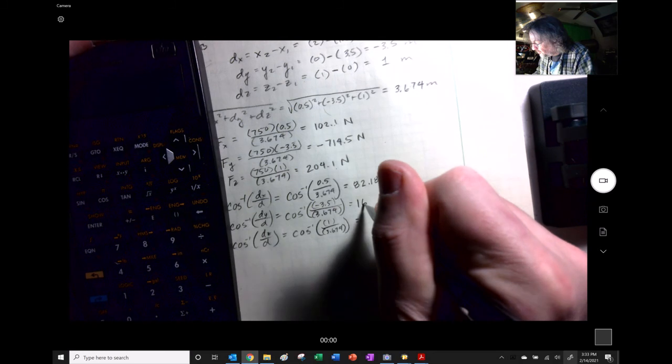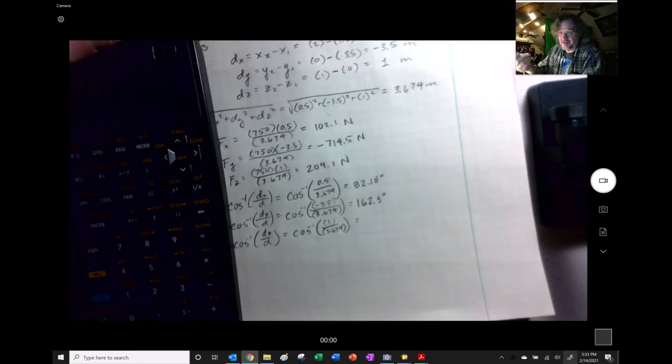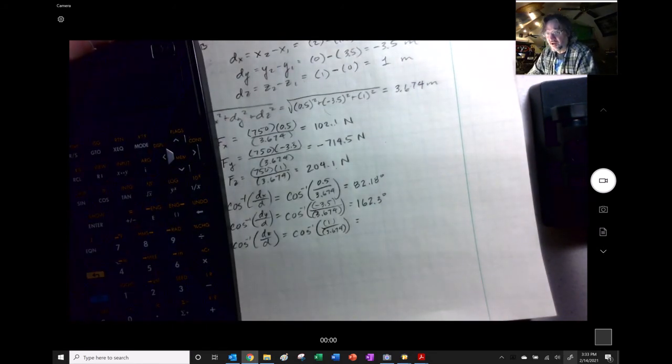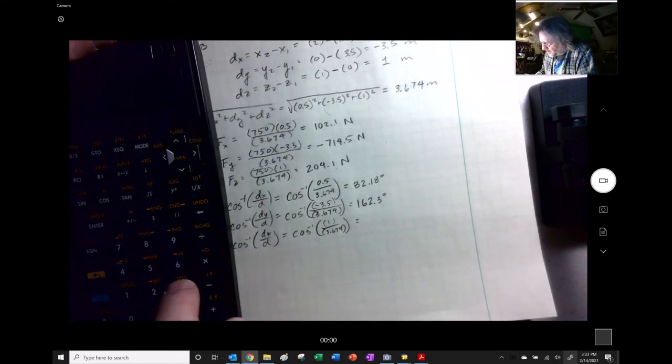We get 162.3. You have to remember that because it's negative, it's greater than 90 degrees, because we're coming around and measuring off of there. I often would probably take the supplement of this, minus 180. And then 1 divided by 3.674.